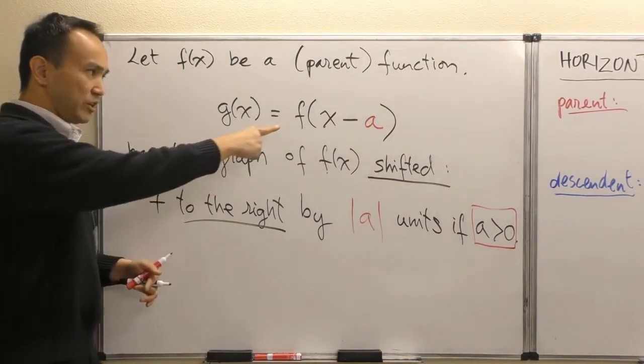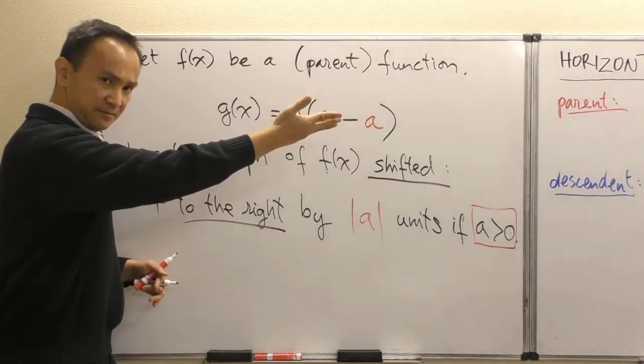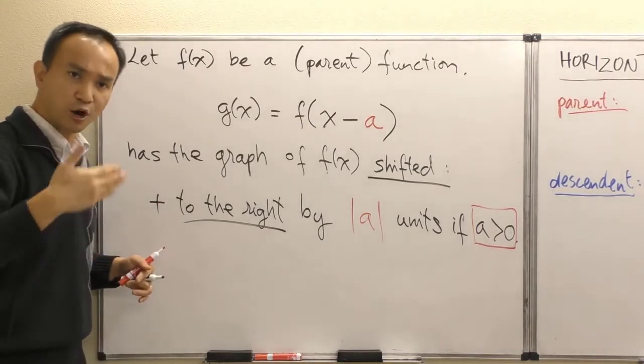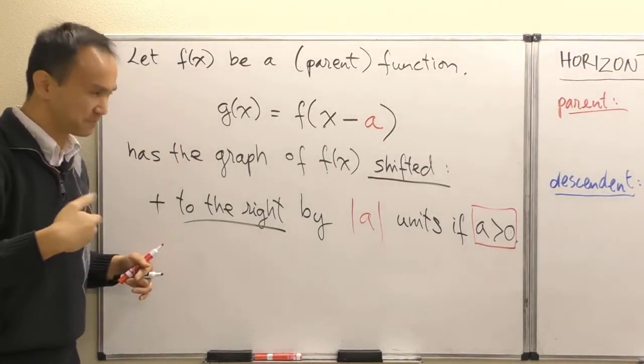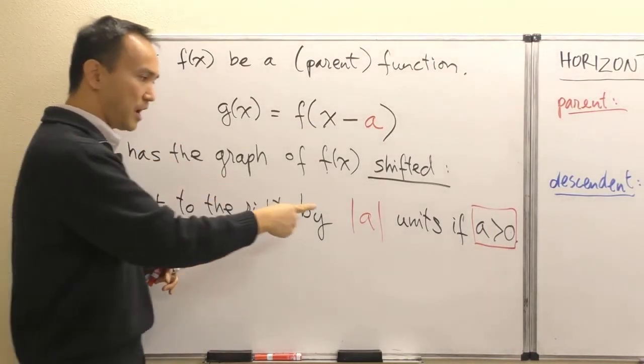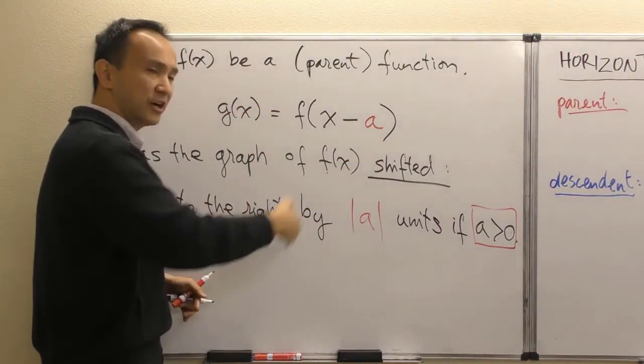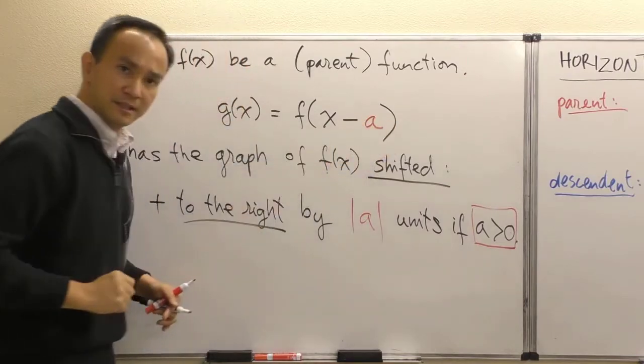So anytime that we're doing x minus 5, see, it's x subtract. That causes the horizontal shifting. But then the positive value causes shifting to the right-hand side. And then by how far? Absolute value of this.